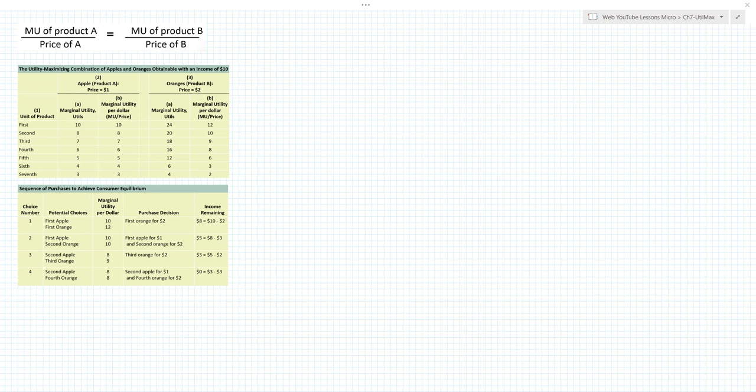And so based on that, if that's your frame of reference, it should make sense that if at any time the marginal utility per dollar spent on one good is not equal to the marginal utility per dollar spent on another good, specifically if it's greater than, you'd want to consume more of that because you're getting more satisfaction per dollar spent on that than you are the other good.